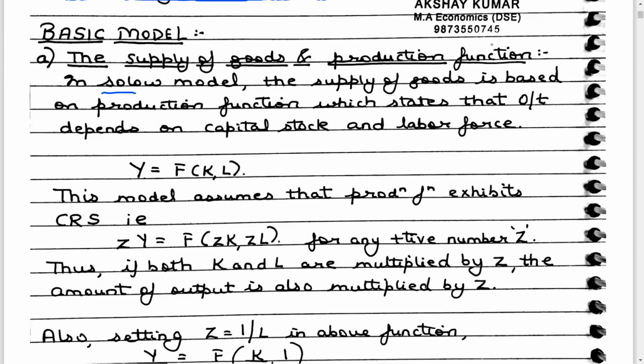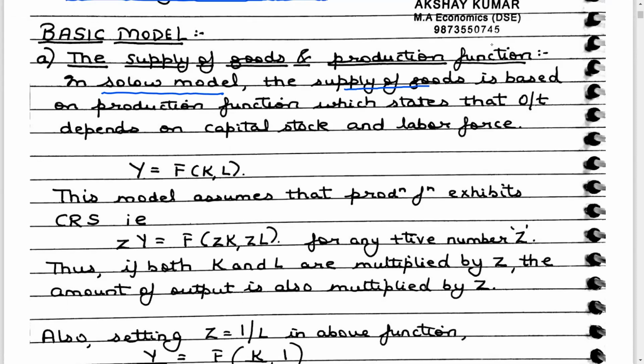In the Solow model, the supply of goods is based on the production function, and all of us know the basic production function. Solow assumes the basic production function where output Y is a function of capital K and labor L. In the Solow economy, the production function exhibits constant returns to scale.